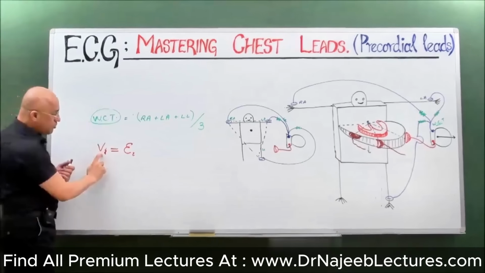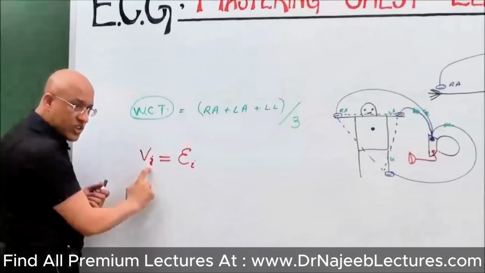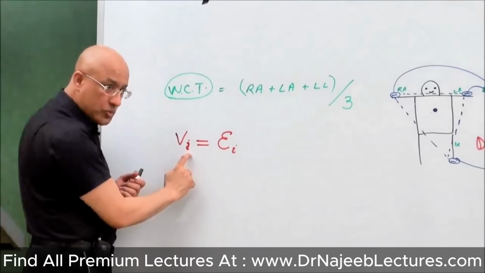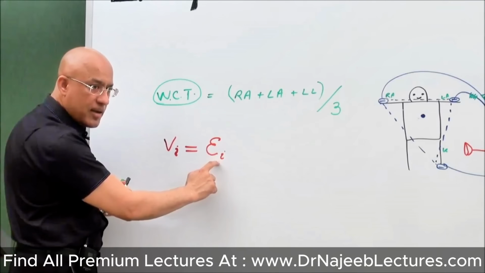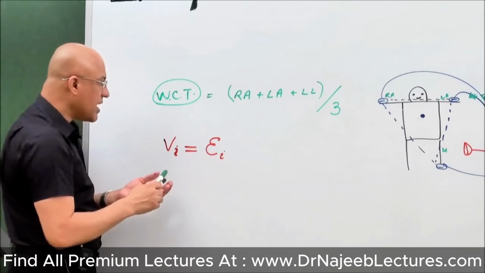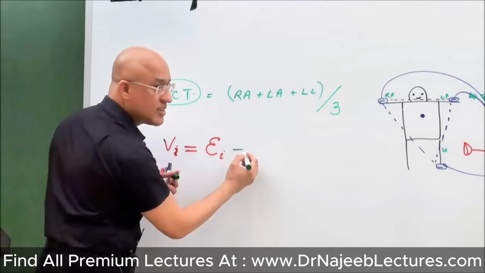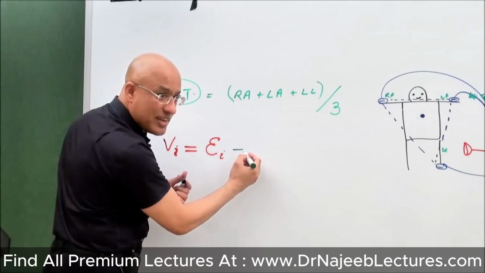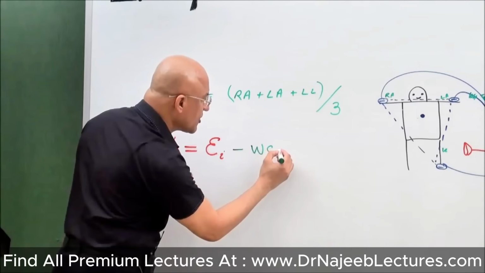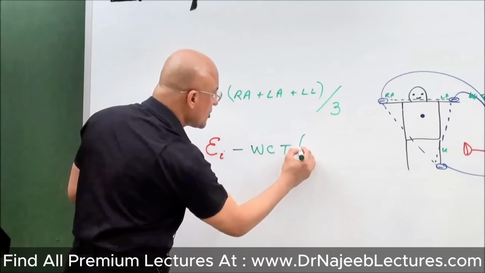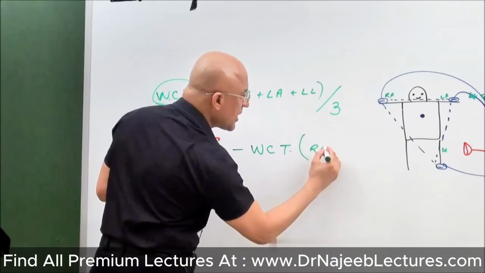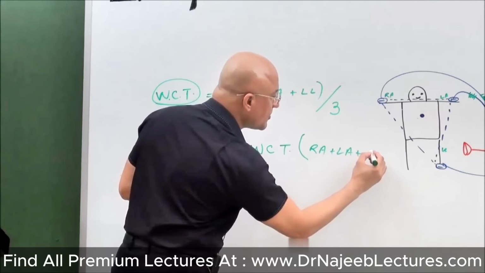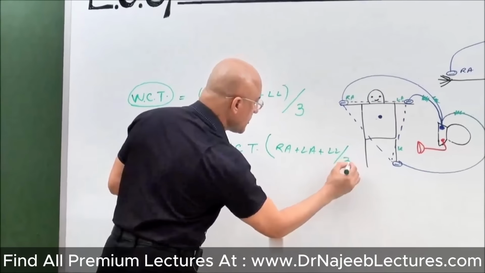So the voltage which is determined by the unipolar chest lead is equal to the potential determined by the exploring electrode minus the potential determined by the Wilson central terminal, which is itself equal to right arm plus left leg potential divided by 3.